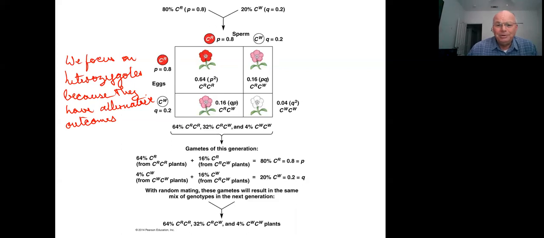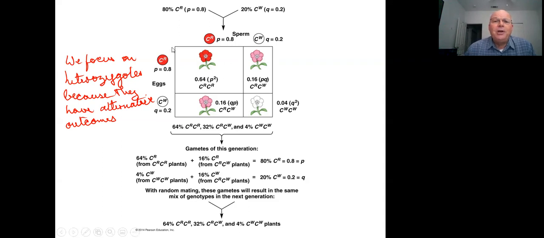Likewise, we make the same argument for those that are homozygous for CW. So the only parental types, the only genotype that can really have an influence on the next generation are those that provide alternatives. Those are the heterozygous individuals. So that's why we look at the heterozygous in the Punnett square.